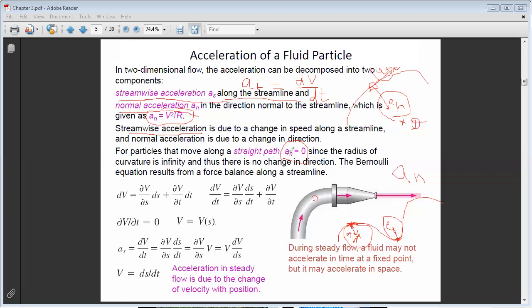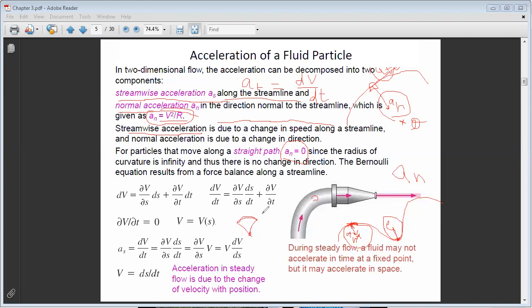And I can verify this also from this relation, because if you have a straight line, what is the radius of curvature? Who knows the radius of curvature for a straight line? Infinity. Whenever you have an arc, you can get a certain center.